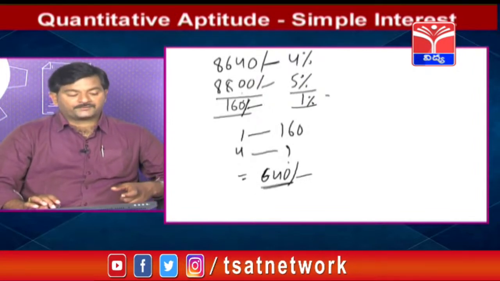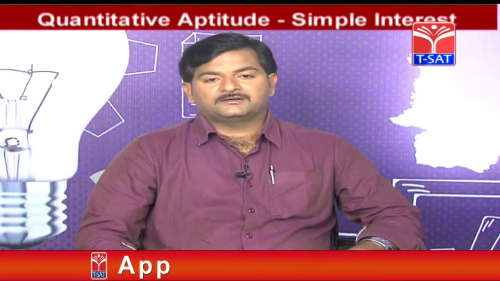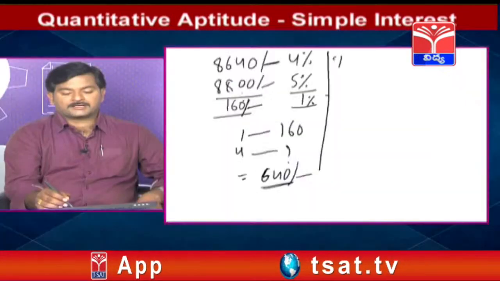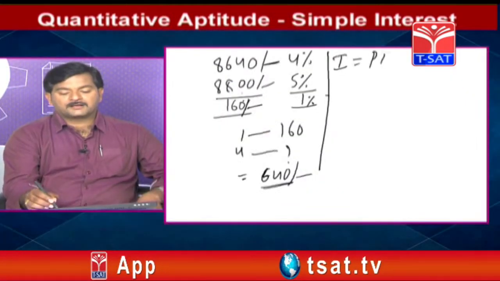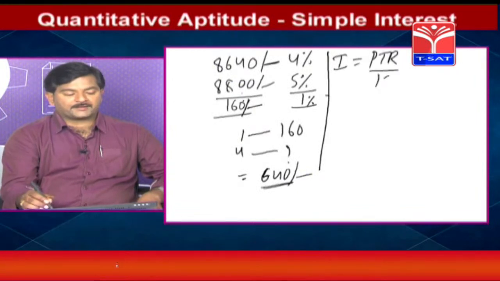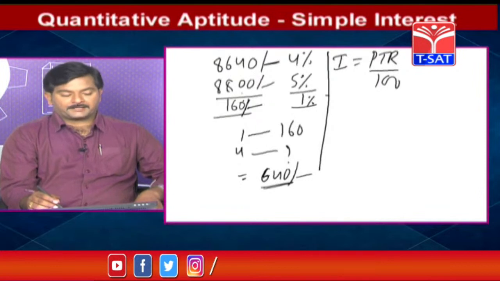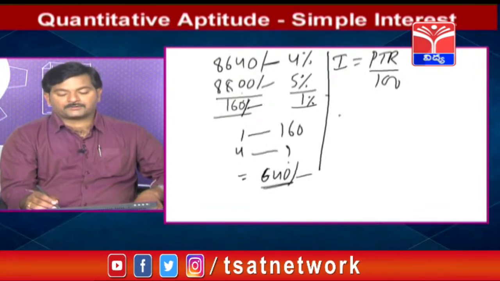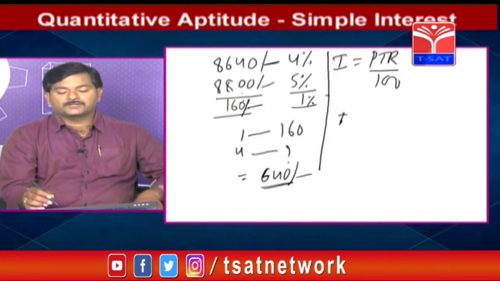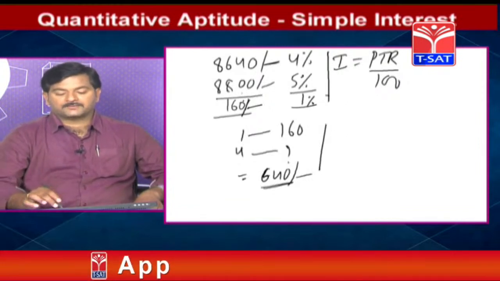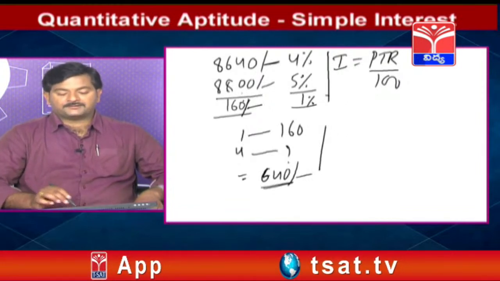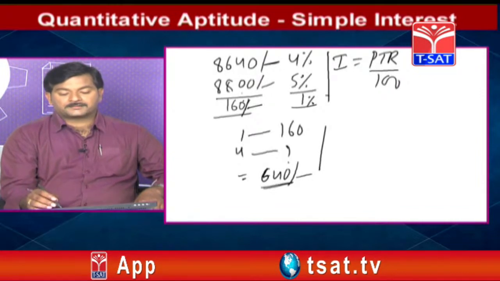But what he asked you to find here is the fixed time. So again we have a known formula, I is equal to PTR by 100, where I is interest. We are given interest equal to 640, and we need to find the time.